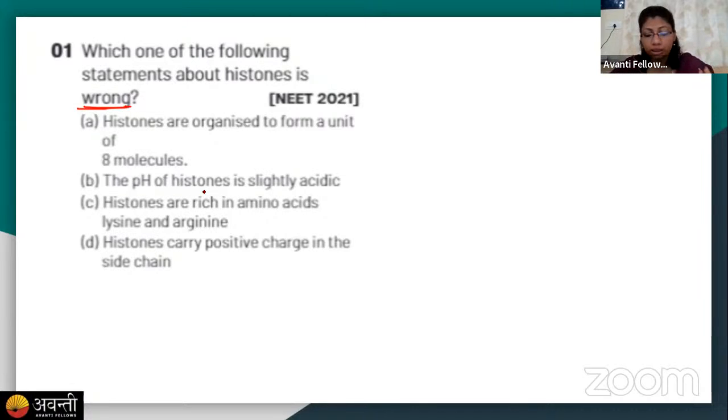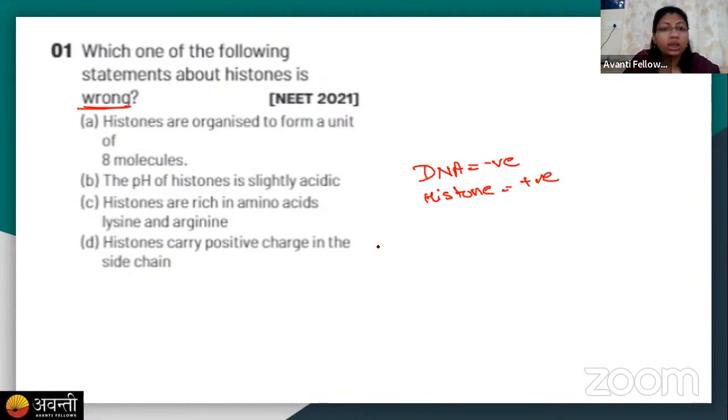We know that due to the presence of phosphate groups, the DNA is negatively charged. So the histones have to be positively charged molecules. So according to that, your D is right.